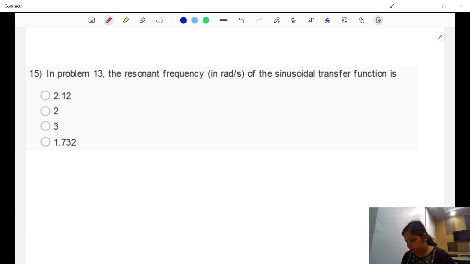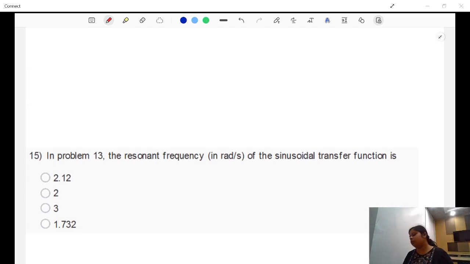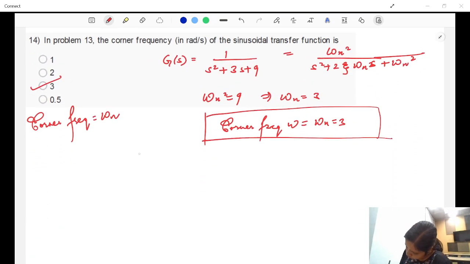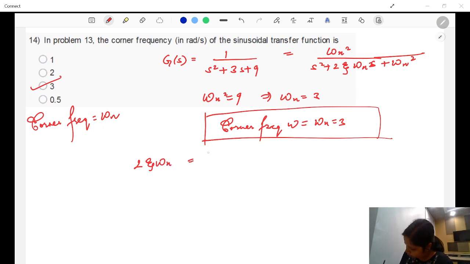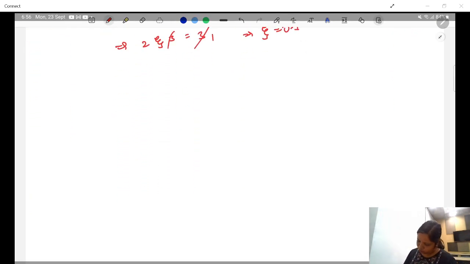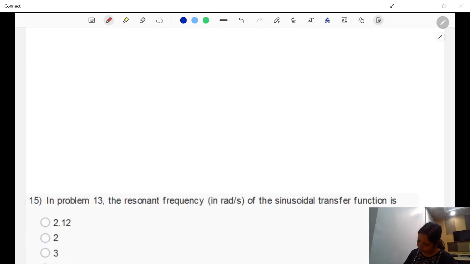For the same problem, what is the resonant frequency? So for resonant frequency, what else do we need? We need zeta also, no? So from here, let's calculate zeta also. 2 zeta omega n is equal to 3. Your omega n was 3 already. That means zeta is equal to 0.5, right? Now, what is the formula for resonant frequency?